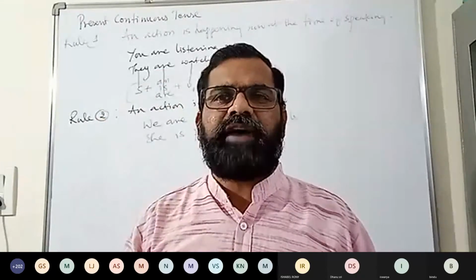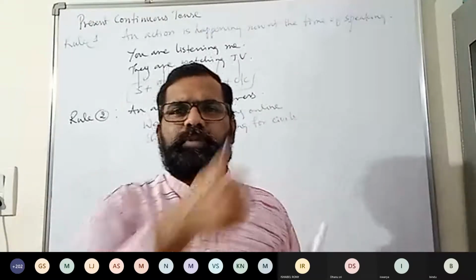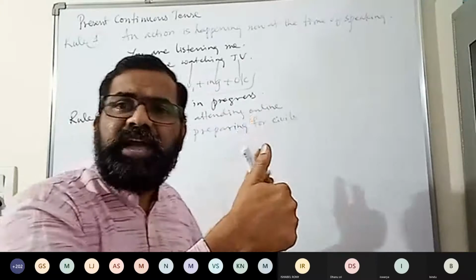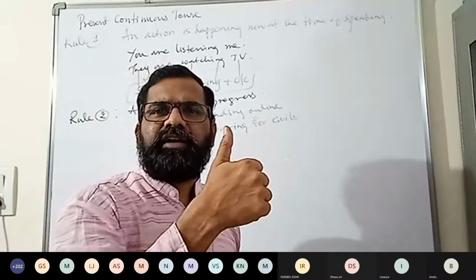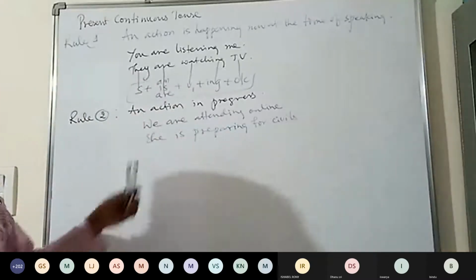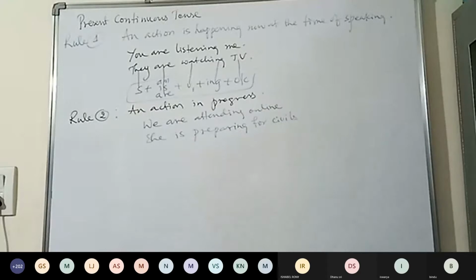Is this clear, everyone? Rule number 2 and examples. The structure is same for both the rules. Clear, everyone? So please take down rule number 2 and examples.